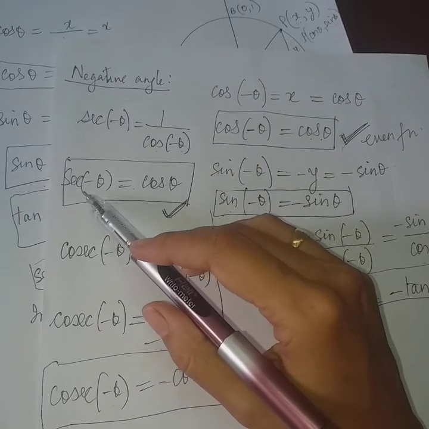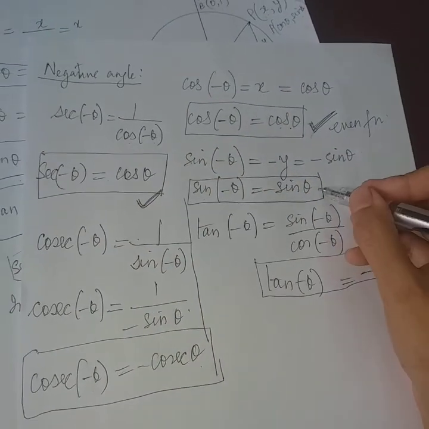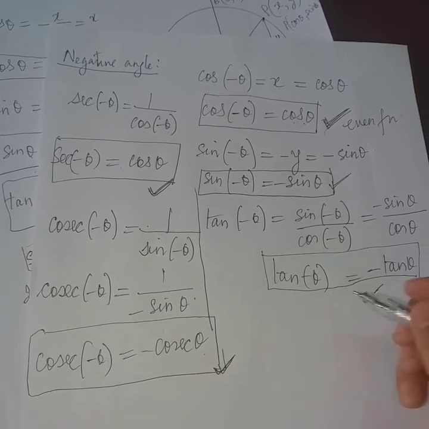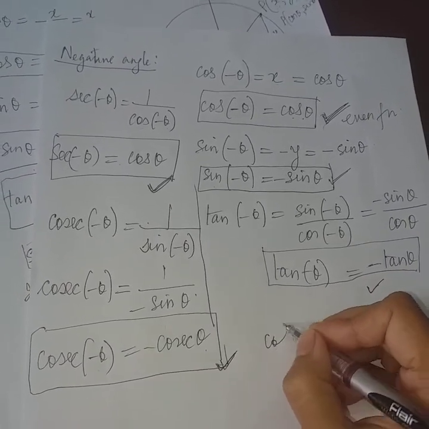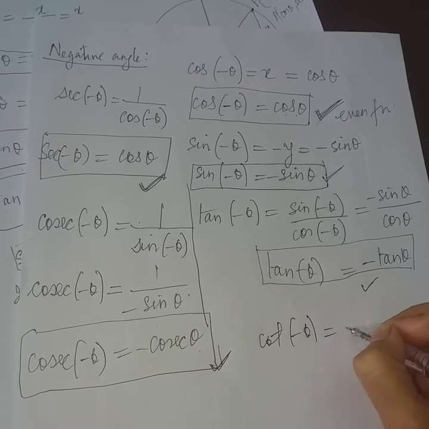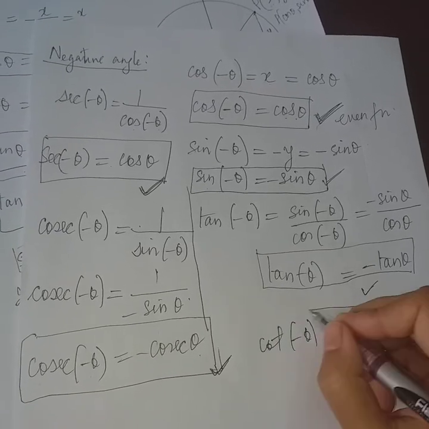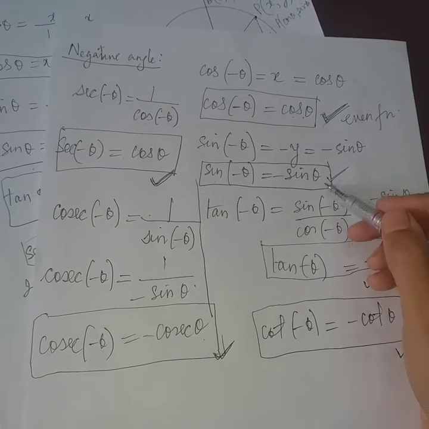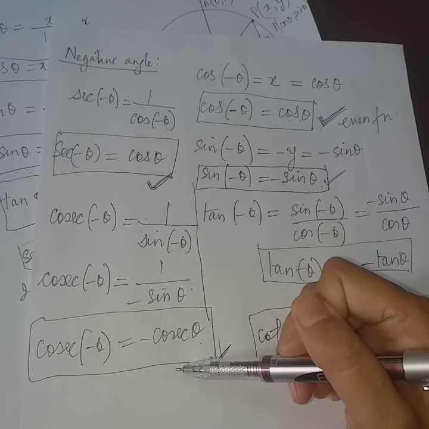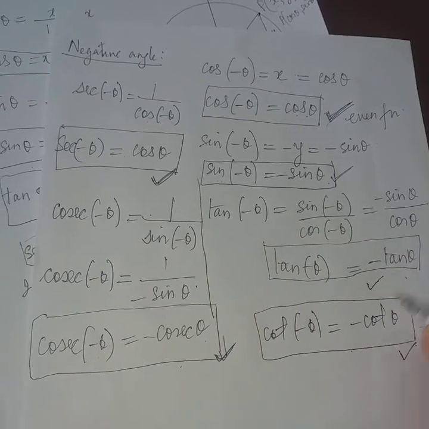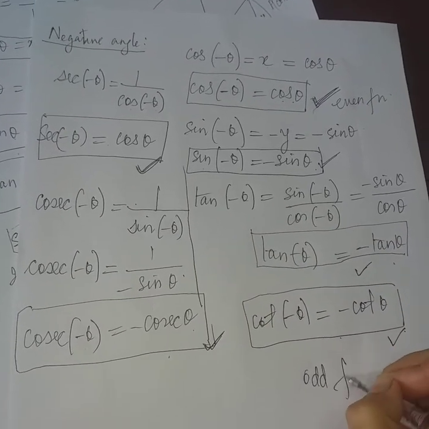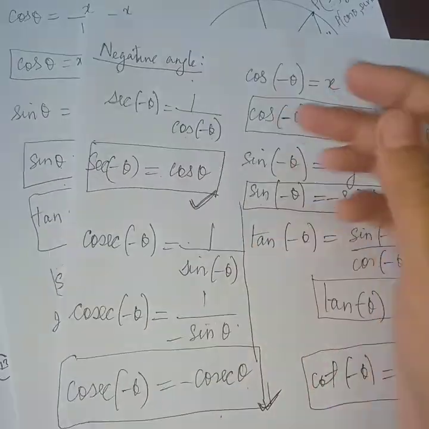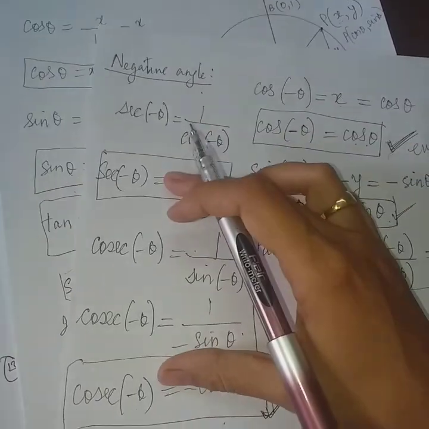Cos theta and sec theta are even functions, while sin theta, tan theta, cosec theta, and cot theta are all odd functions, since cot of minus theta will be minus cot theta. So we have seen the trigonometric functions for negative angles as well.